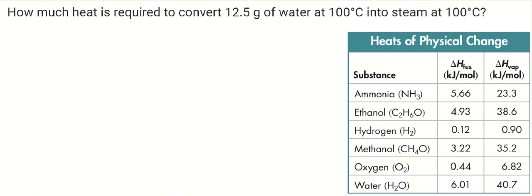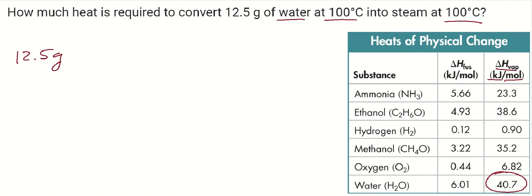How much heat is required to convert 12.5 grams of water at its boiling point? So this is just a phase change. We don't need to draw a heating curve. Let's start with 12.5 grams of water. Now, this is the heat of fusion and heat of vaporization table we gave you on your reference sheet. Water has a molar heat of vaporization of 40.7 kilojoules.